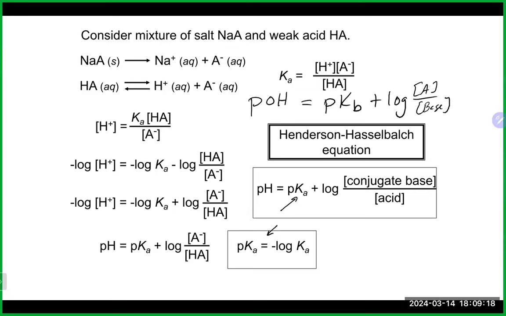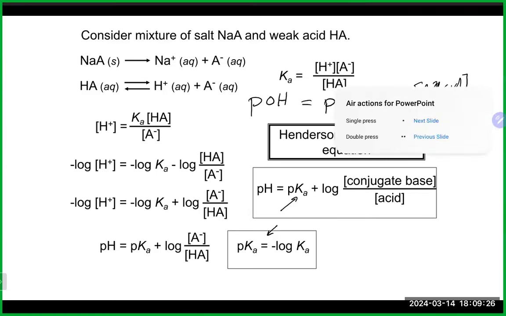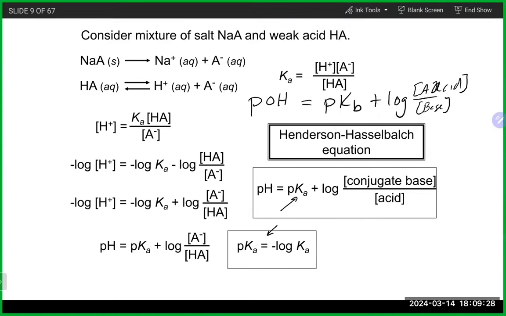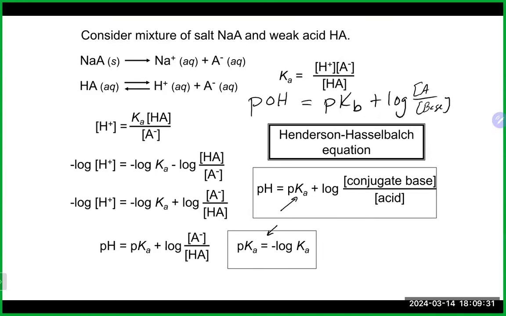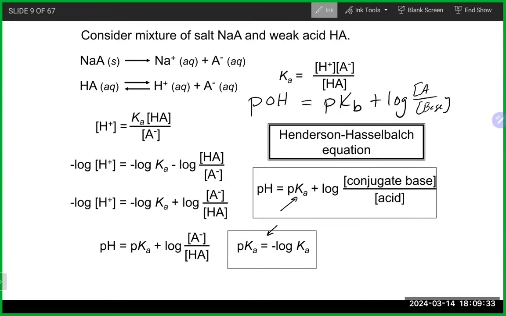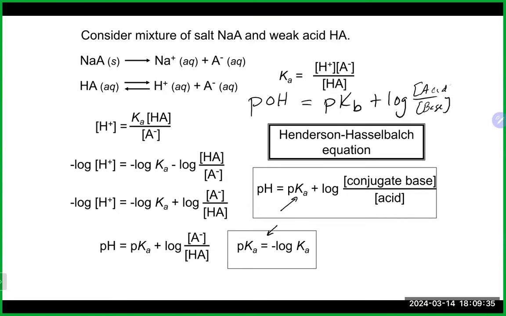Clean that up a little bit. To calculate the pKb, by the way, it is minus the log of the Kb value.